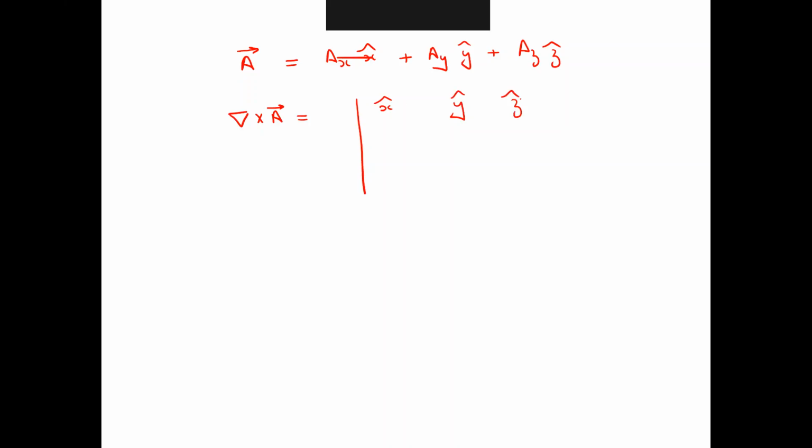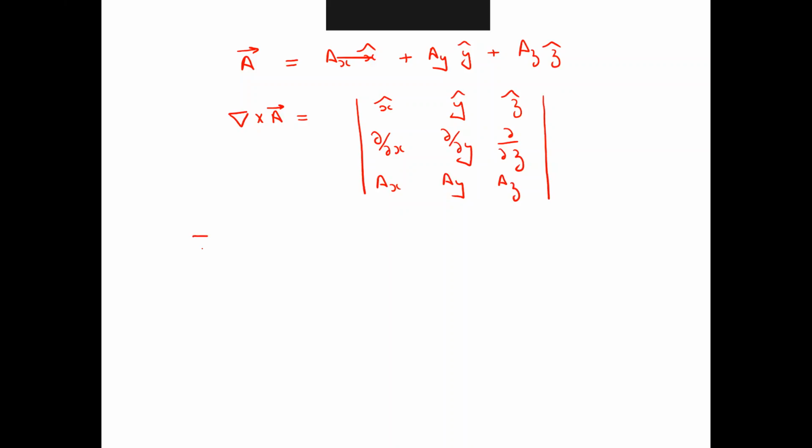If I have a vector A, let's say this vector is ax in x direction, ay in y direction, plus az in z direction, then the curl of vector A is going to be given by, to represent it in matrix form, x, y, z. You have the partial derivatives in each direction, and you have the components in each direction.